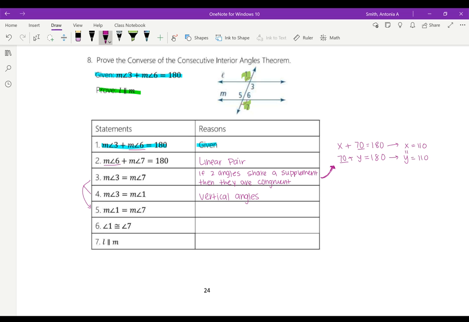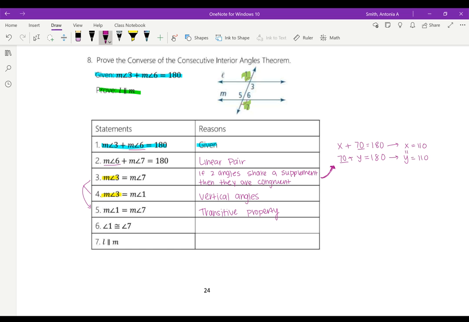I can use these two steps here to get me to number 5. Angle 3 equals the measure of angle 7, and angle 3 equals the measure of angle 1. So since the measure of angle 7 and the measure of angle 1 equal the same thing, doesn't that mean they equal each other? That's a property we've been using a lot lately. That's the transitive property.